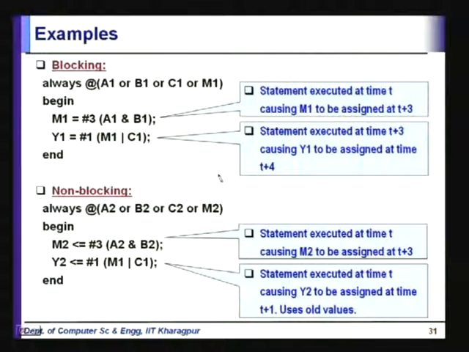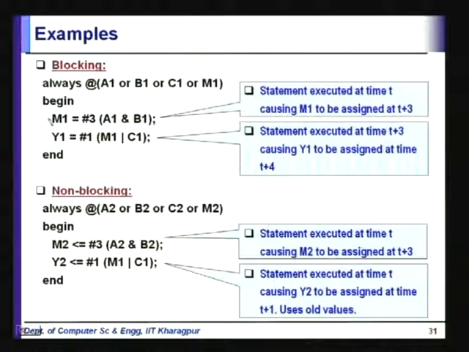Now here are comparisons between blocking and non-blocking. So what are we doing here? Always @ A1 or B1 or C1 or M1, we are doing M1 = #3 A1 and B1, Y1 = #1 M1 or C1. Now let us look at the times when these are executing. So this assignment will take place at t plus 3. Let us say that at time t this is triggered.